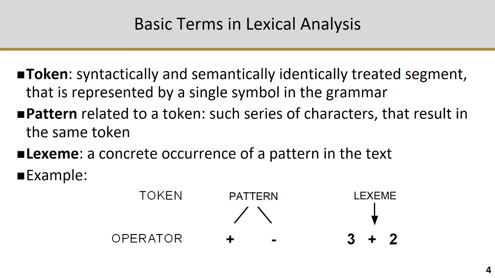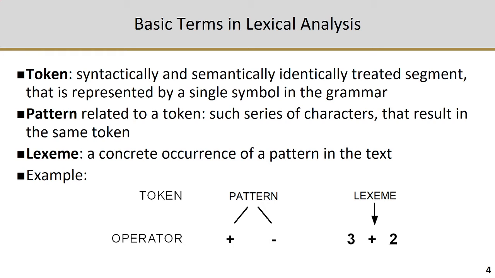For example, an identifier may include several alphanumerical symbols, and any series of them can be considered as a pattern which is identified as a token representing an identifier in the source text. And its actual occurrence in the text is called a lexeme.